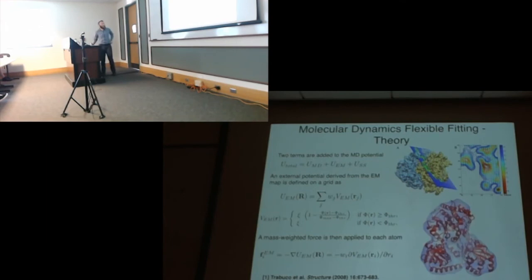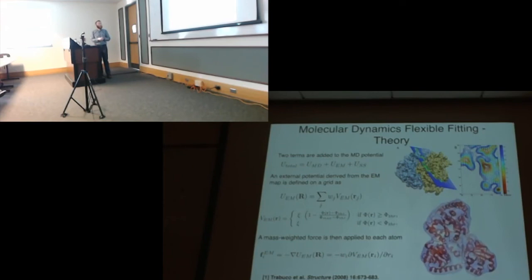So just a little background on how we do this on the theory level. With an MDFF simulation, we add to the normal MD potential two new terms. The first term, this U sub EM, is derived from the cryo-EM density map. We can take your experimental density and convert that density into a potential that we can feed into our simulation inside of NAMD.